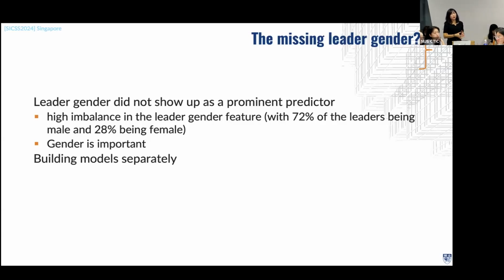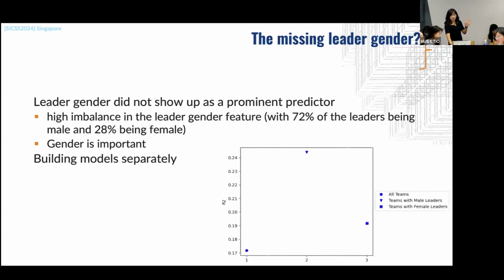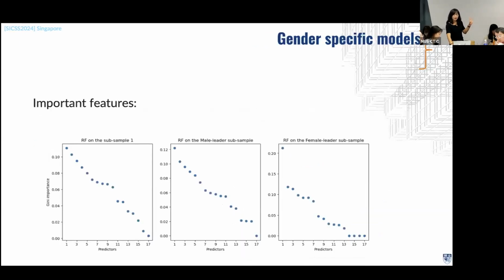The first step that we decided on was to build models separately for teams that are led by men and women. We can see that, as we thought, the pattern is very different for teams that are led by men and women. So we're going to run models separately on these subsamples.